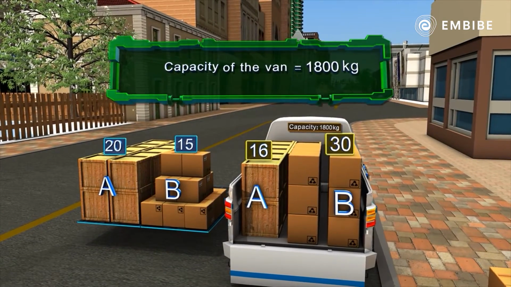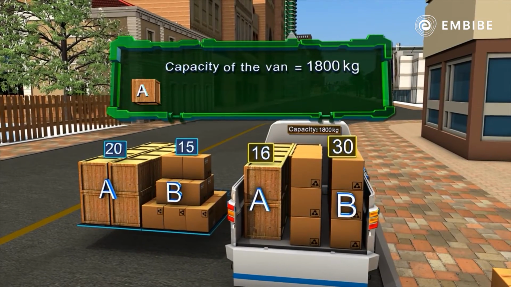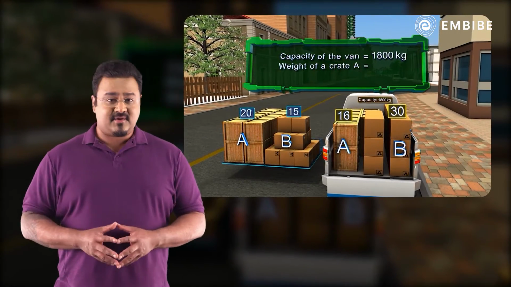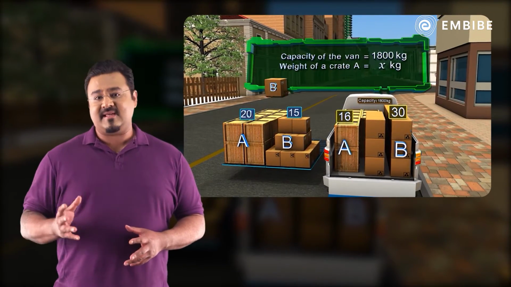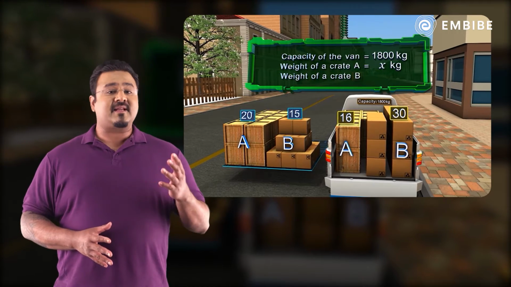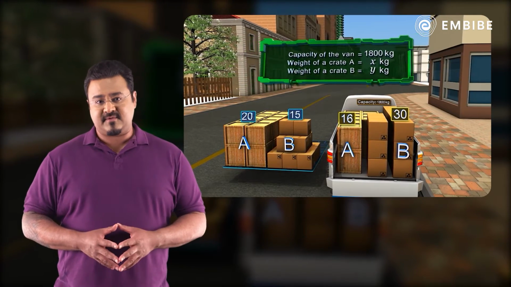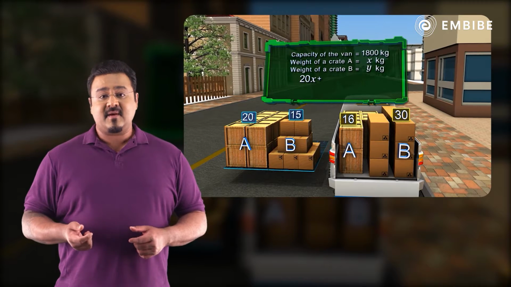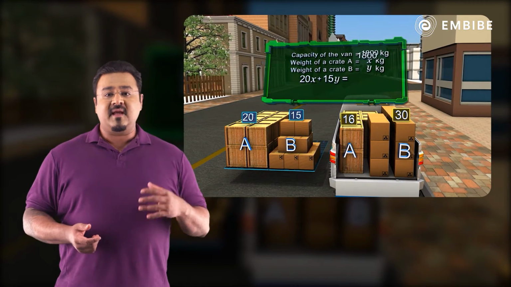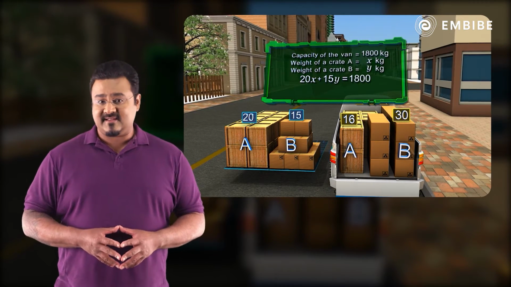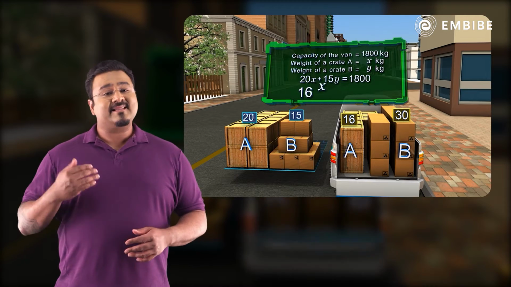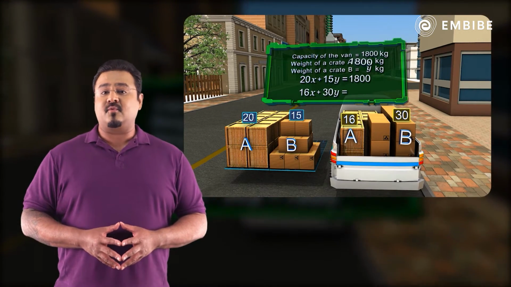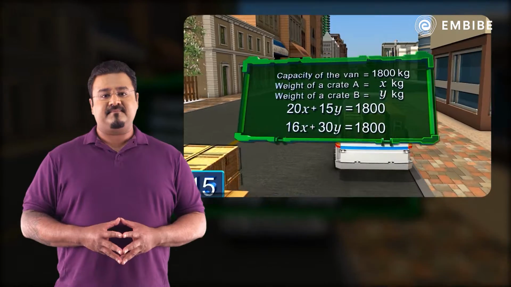We can write this problem mathematically and get the solution. Let the weight of one crate of type A be x kilograms and that of type B be y kilograms. From the question we have 20x plus 15y is equal to 1,800 and 16x plus 30y is equal to 1,800.